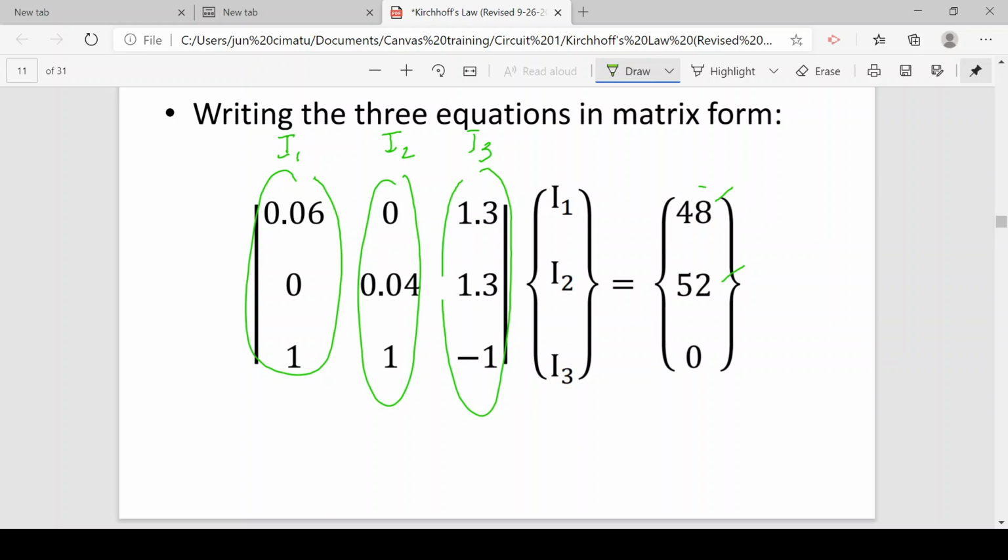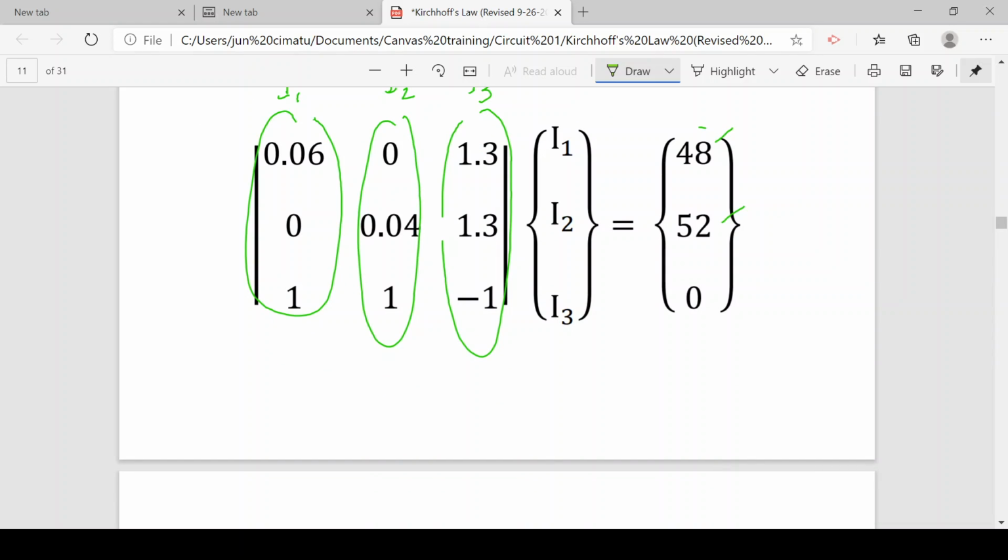In this demonstration, the approach of determining the unknowns shall use Cramer's rule, but in your own ways, you can determine the unknowns using your calculator, applying the built-in programs of linear equations in your calculator.